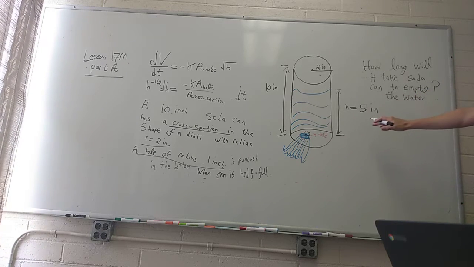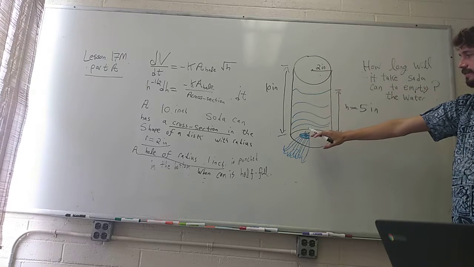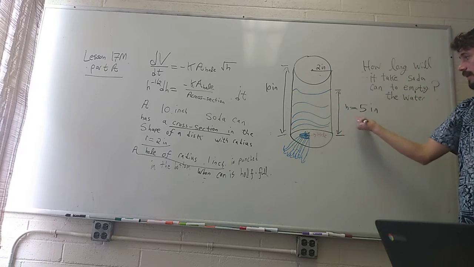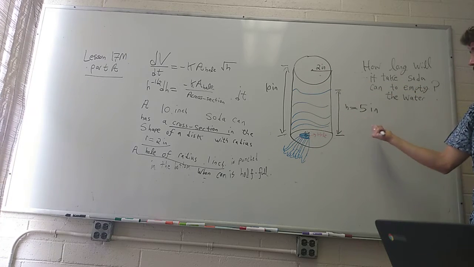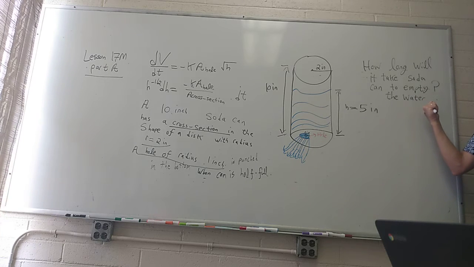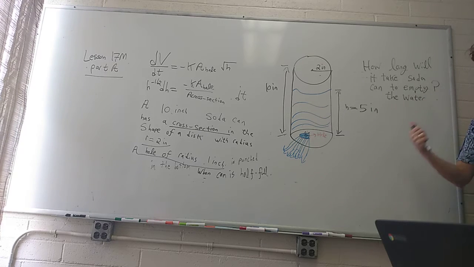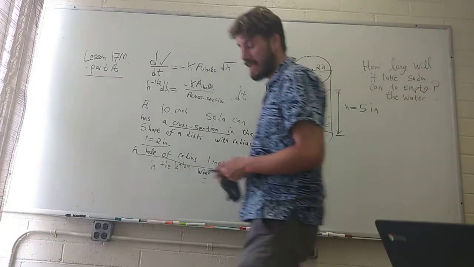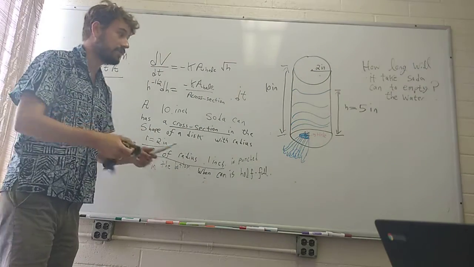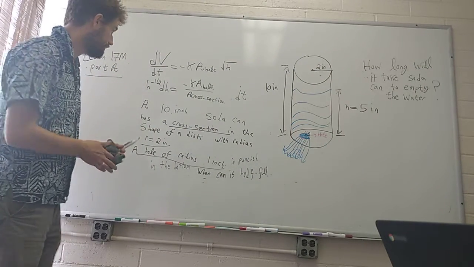So we know these initial conditions. These are the dimensions of the soda can, the dimensions of the hole, and also the initial height of the water. How long is it going to take for all the water to leak out of the soda can through the hole?